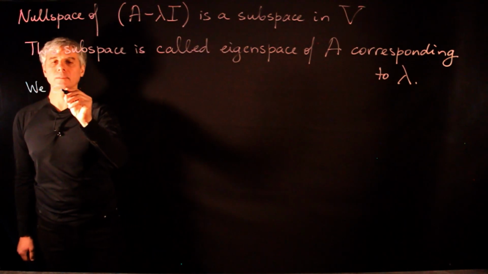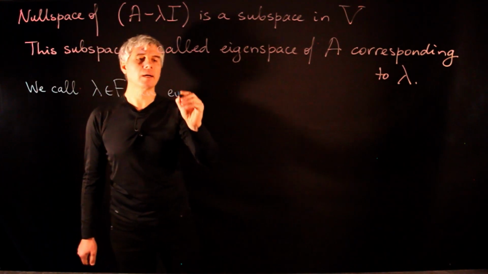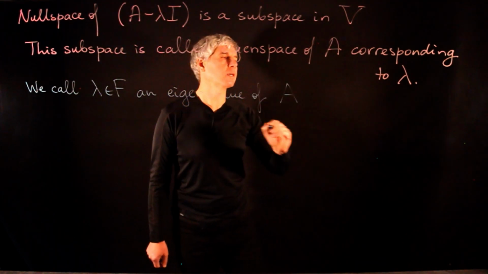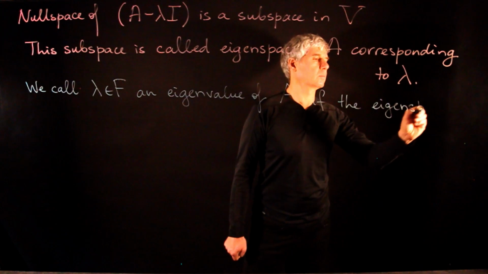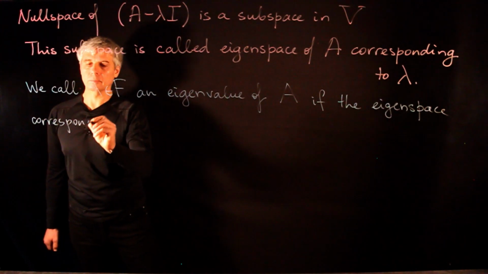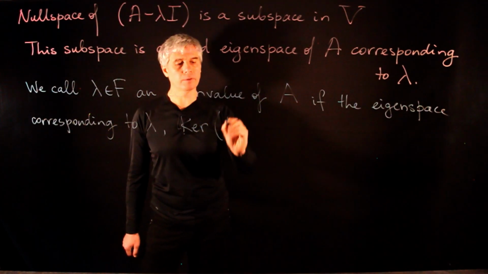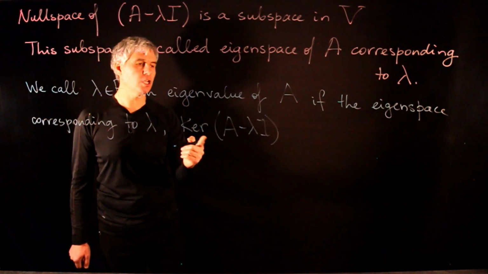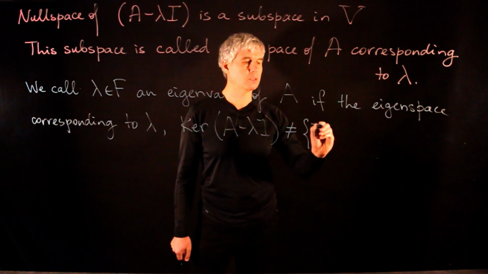So we call lambda in F an eigenvalue of matrix A if the eigenspace corresponding to lambda, so this is the kernel of A minus lambda I, and we will use the null space and the kernel interchangeably, is different from just the zero vector.